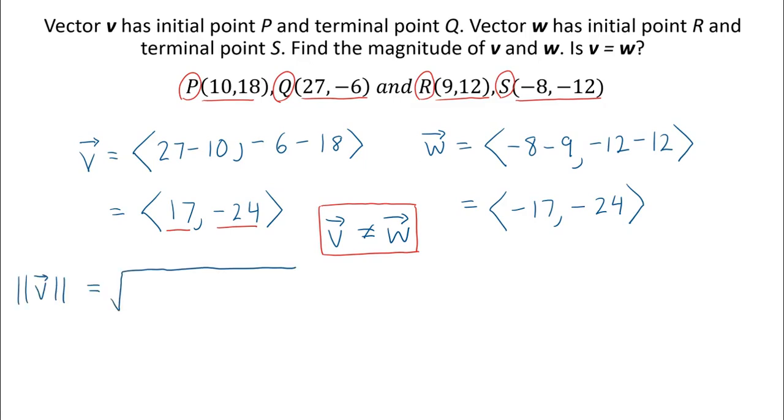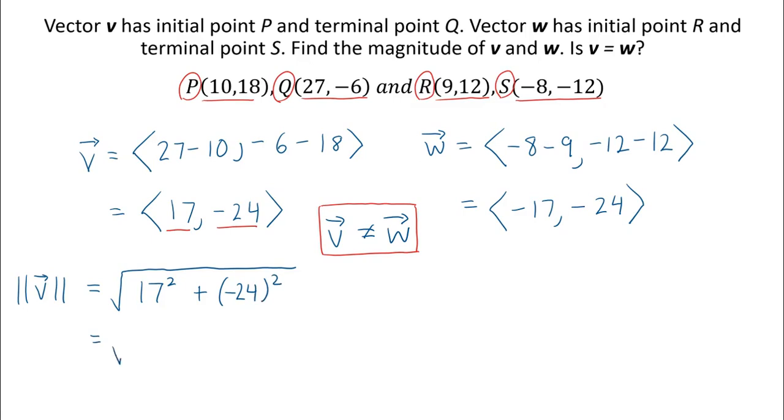All right, so here's our notation for magnitude of vector v. Anytime we want to find the magnitude, we can notate that just by putting the double absolute value bars around the vector itself. So this is magnitude of vector v, and that is equal to the horizontal offset squared, or the length of one leg squared, plus the length of the other leg squared, and then the square root of that.